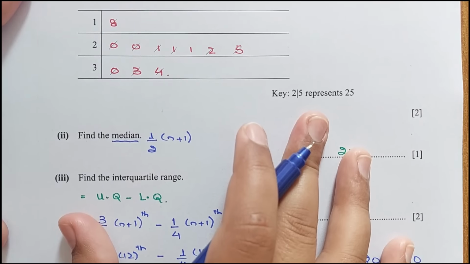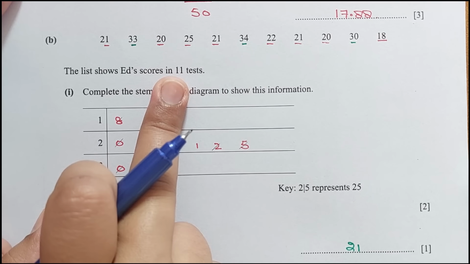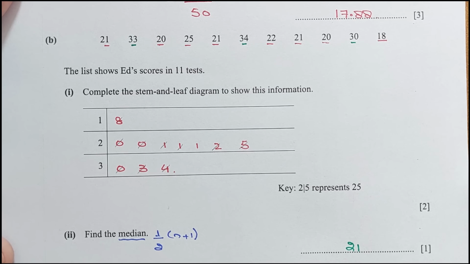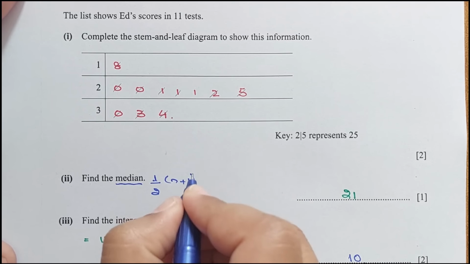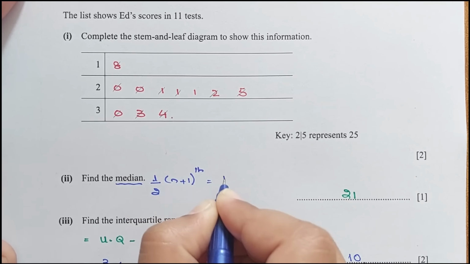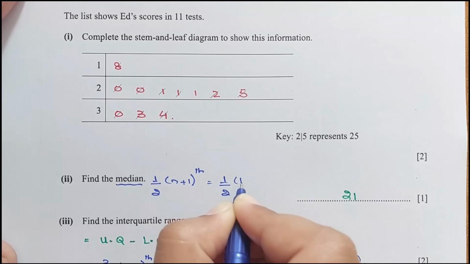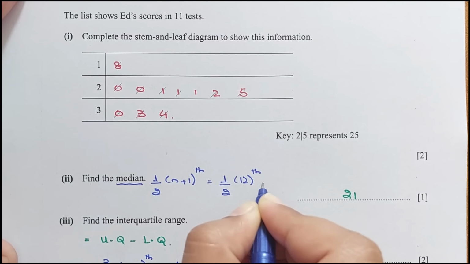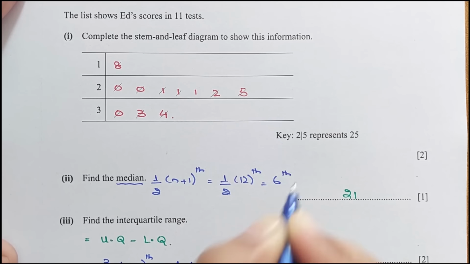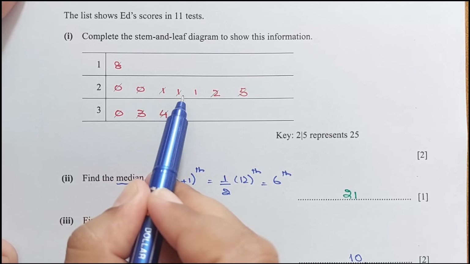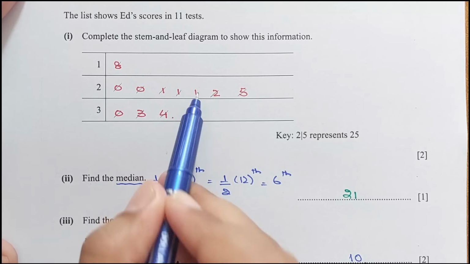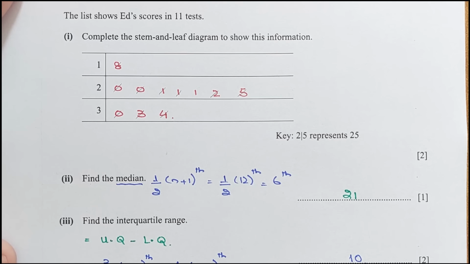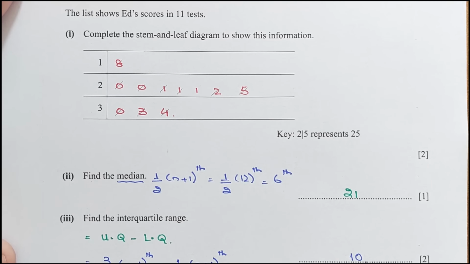Now we have 11 values, which is odd, whereas before we had 50, which is even. So half of n plus 1, half of 12, equals the 6th term. So 1 2 3 4 5 6, which is 21. 21 is the median. I hope this makes sense now.